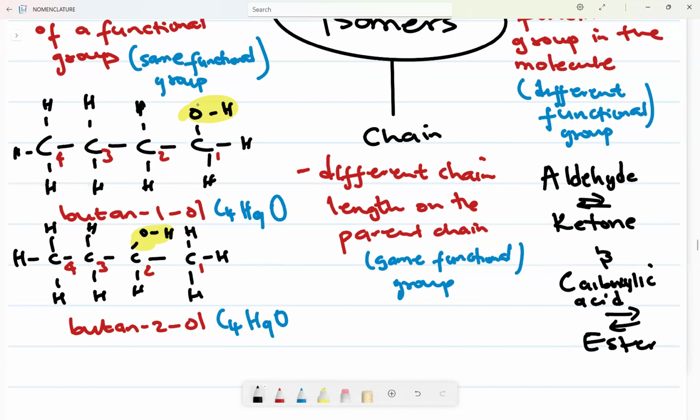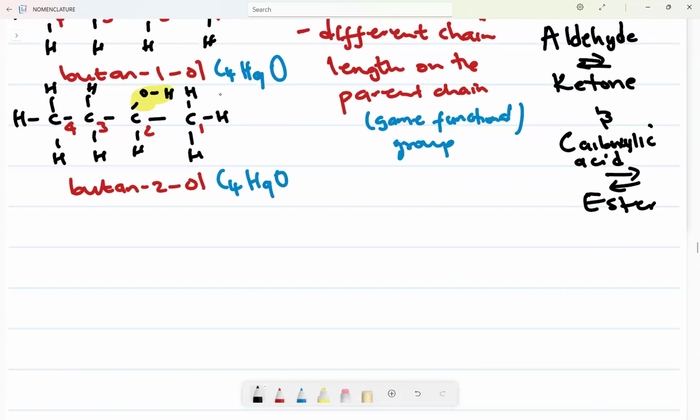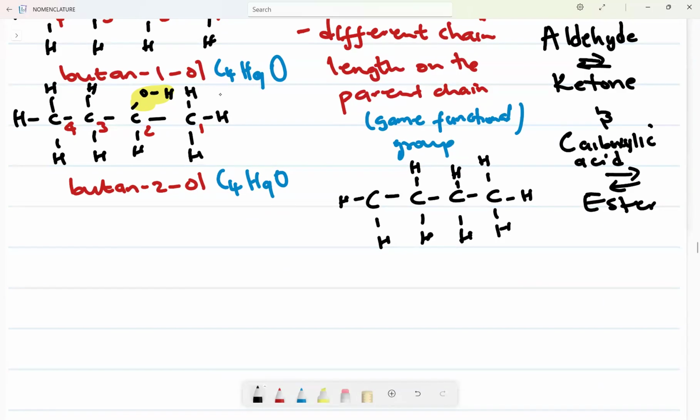Okay. Now, I'll make an example on that one. Let's look at different chain length. Different chain length, remember, it means, okay, if this one I have like this, maybe H like that, butane. We refer to this as butane.